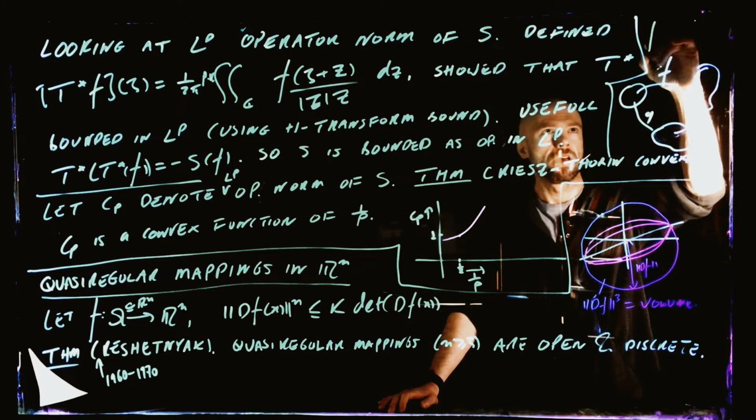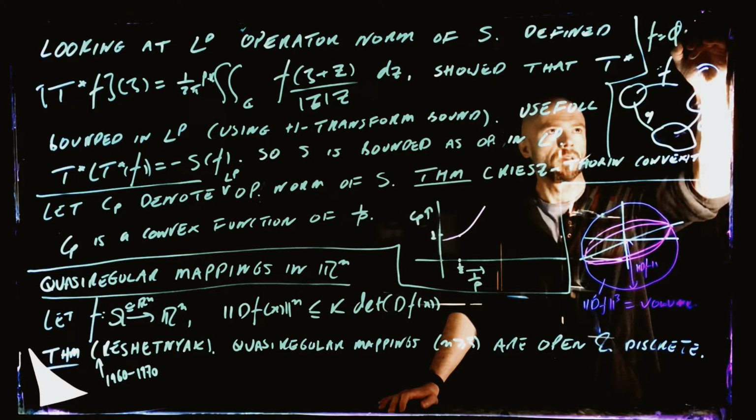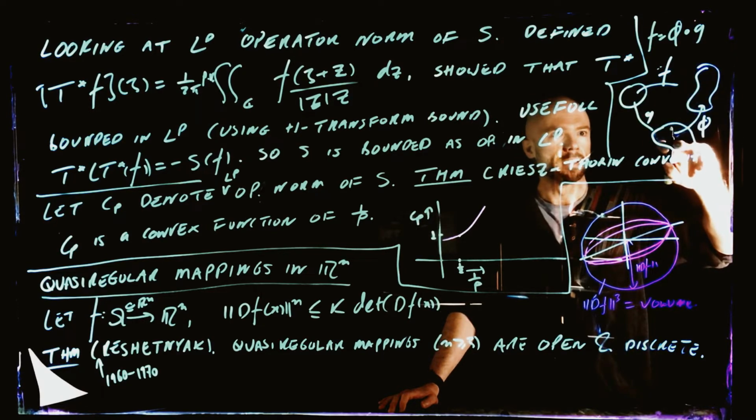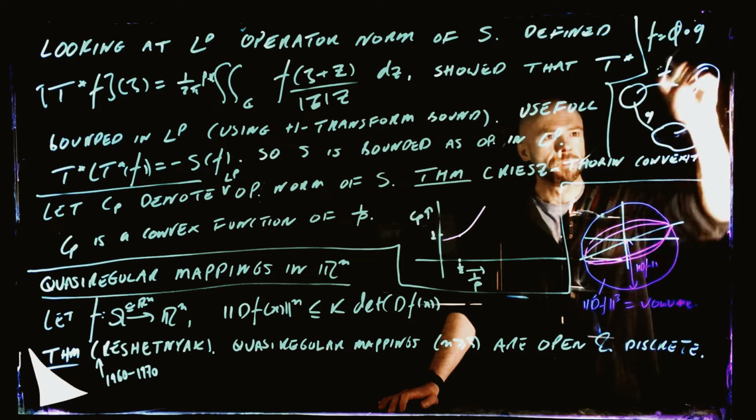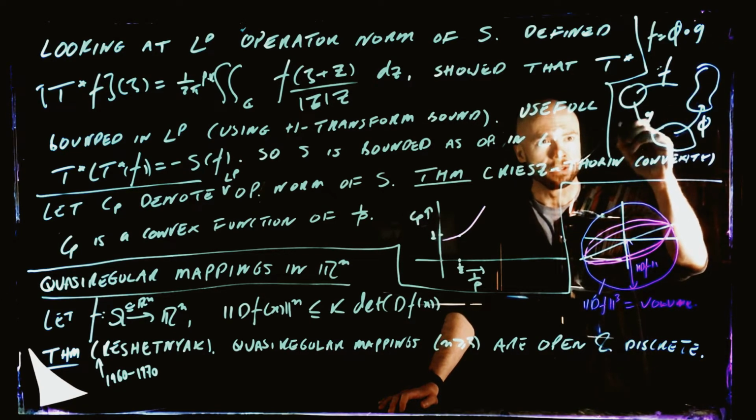So we're going to have F is phi composed with G, right? And so all that stuff is for free. So G is quasi-conformal, it's invertible, it's continuous. So G is a homeomorphism.